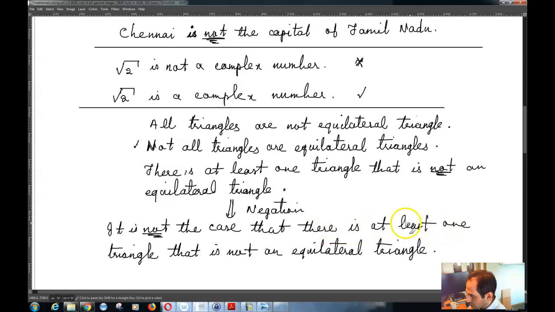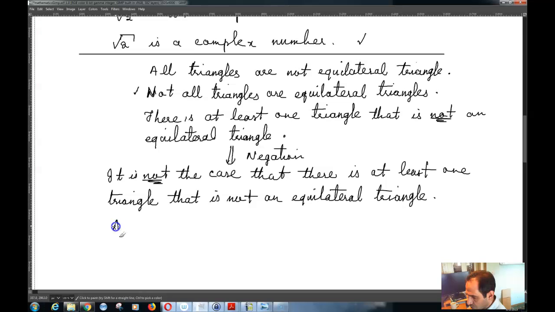So what that means is that when you say that it is not the case that there is at least one triangle that is not an equilateral triangle, the negation of that means that there is no triangle that is not an equilateral triangle. That means that all triangles are equilateral triangles, which brings us to the negation.